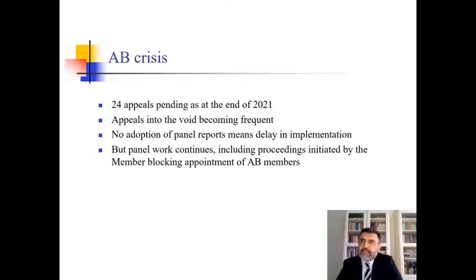And actually, a term has emerged to describe this situation. Some people call these appeals these days appeals into the void, for the reason that these appeals basically, as I said, result in delaying the implementation of panel reports because there is no functioning appellate body.